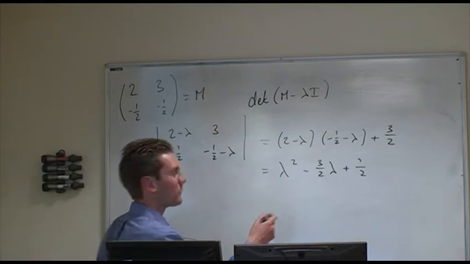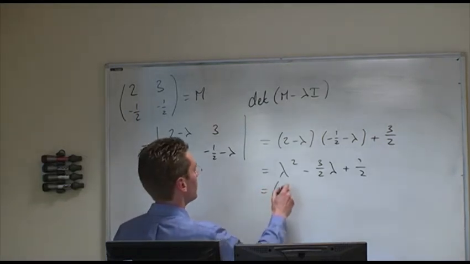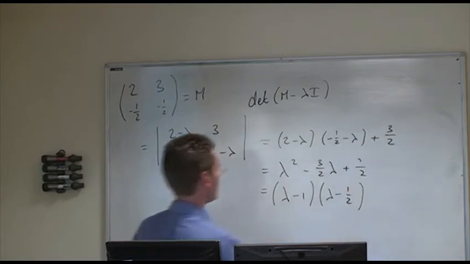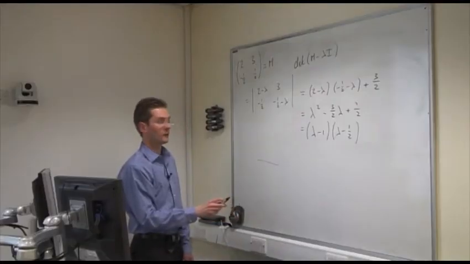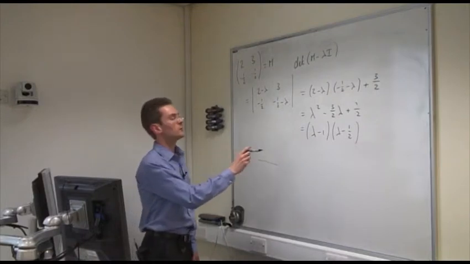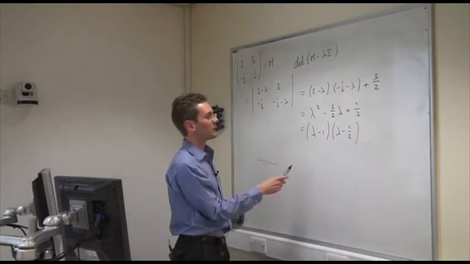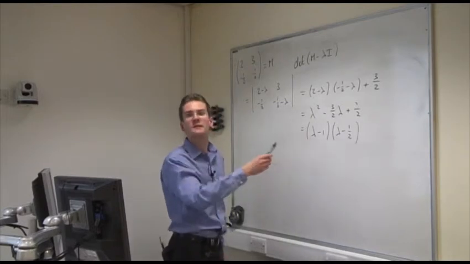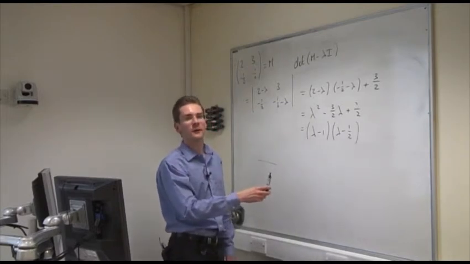Now this quadratic equation factorizes as lambda minus 1, lambda minus 1/2. So the roots of the characteristic equation, the values of lambda where this is 0, is lambda equals 1 or lambda equals 1/2. These are exactly the eigenvalues of our matrix.